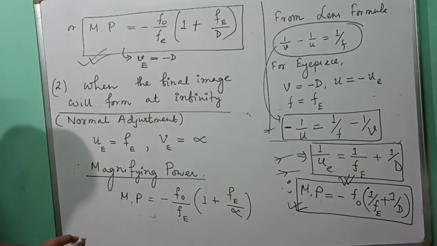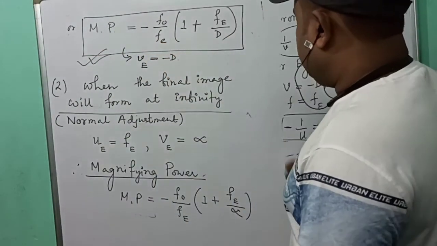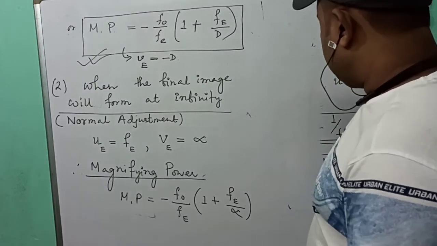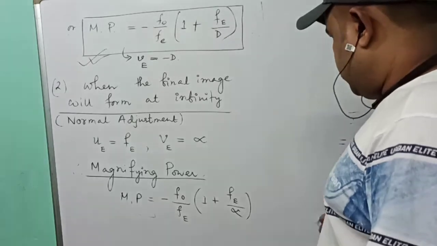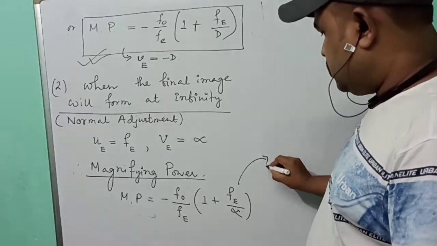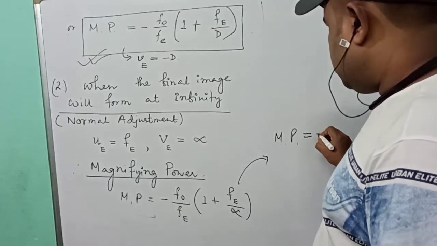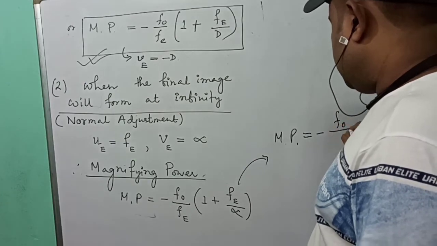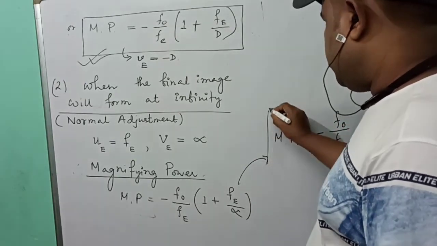So accordingly, the final equation for magnifying power due to image formation at infinity will become minus f naught by fe.